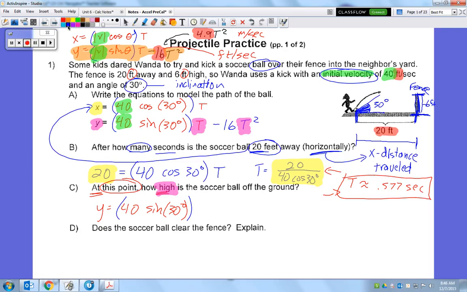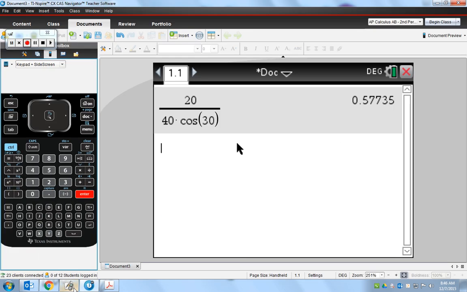Now it's probably good to show you right now that I don't want to use a rounded answer. I want to use as exact as I can from the equation that I had over here. So I would suggest about 5, maybe 6 decimals. If not, just grab the one that you have by going up, and then you can get it exactly.